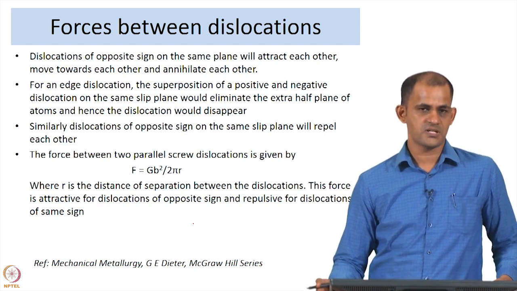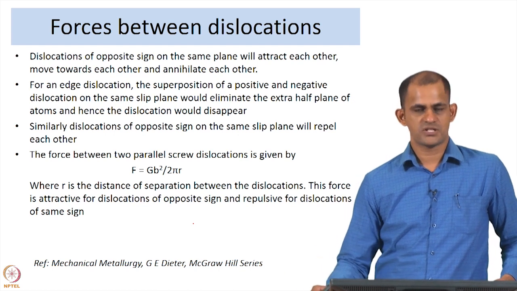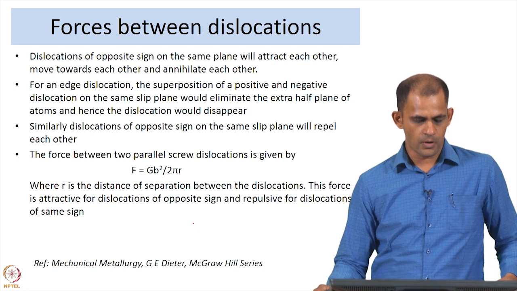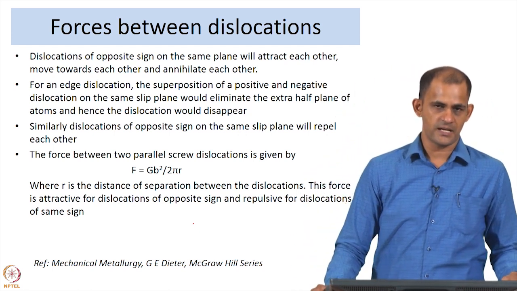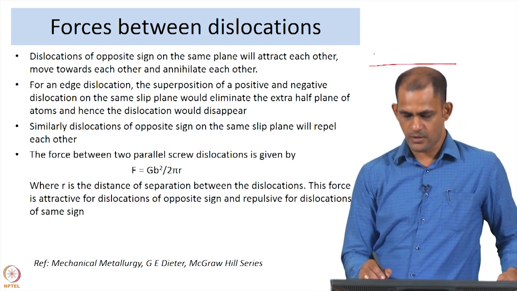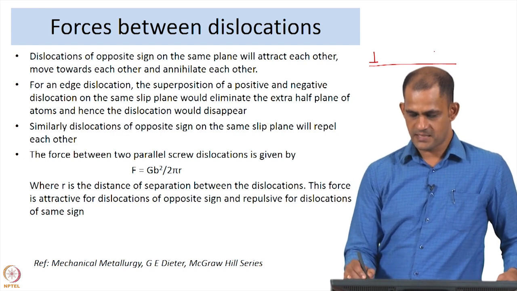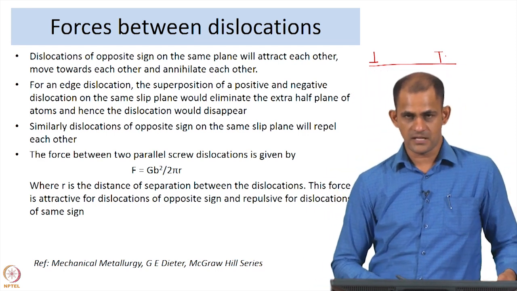This force between dislocations comes about because of the stress field that exists around a dislocation. Dislocations of opposite sign on the same plane will attract each other, move towards each other and annihilate each other. So, if this is a slip plane and you have an edge dislocation of that type versus an edge dislocation of that type, these are dislocations of opposite nature.